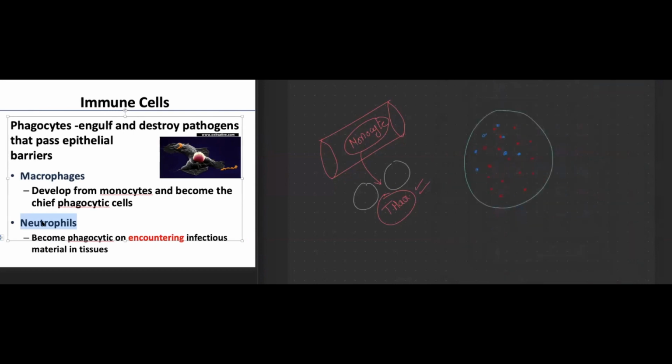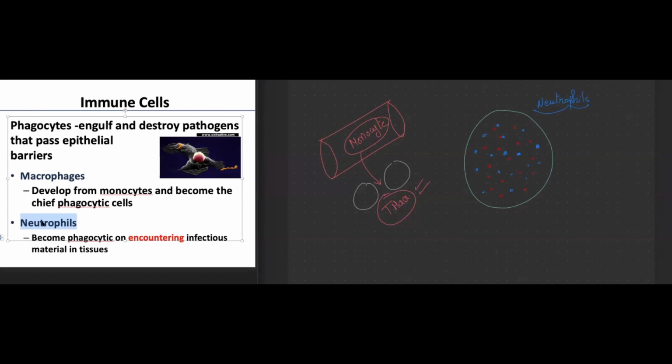So I have both acidophilic and basophilic granules. That's why we call them neutrophils. Those are the lovers of neutrality. So I have cytoplasmic granules that will accept both the basic dye and the acidic dye.